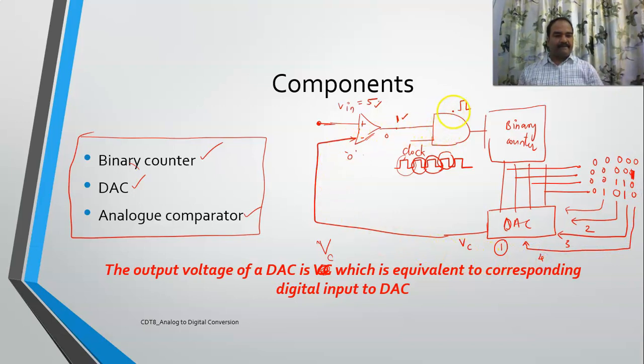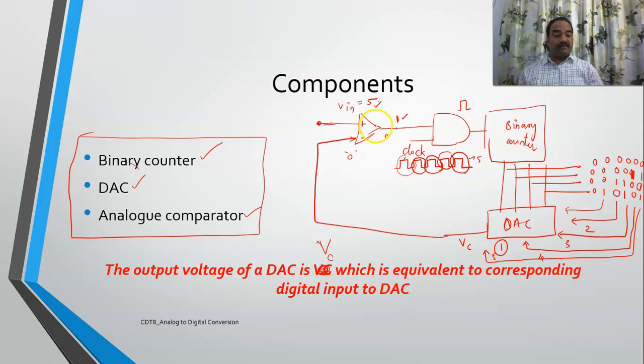Again, since 5 is greater than 4, you will go into this again. The fifth pulse goes into the picture, so again you will get 0, 1, 0, 1. So now you have got 5 here.